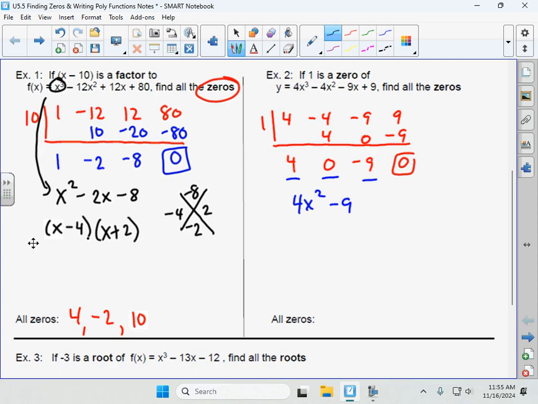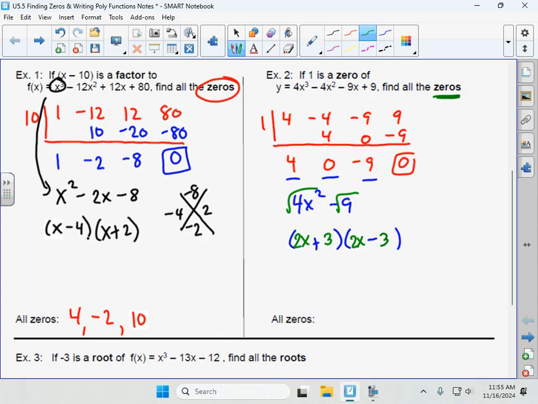4x squared minus 9 is a binomial, and we can recognize that this is a difference of 2 squares, and so it's going to factor with a plus and a minus. And because we can square root both terms, it becomes 2x plus 3 and 2x minus 3. Again, they want the zeros, not the factors.